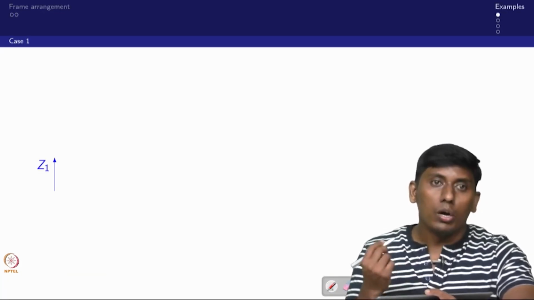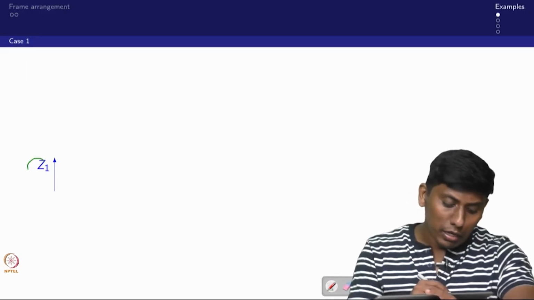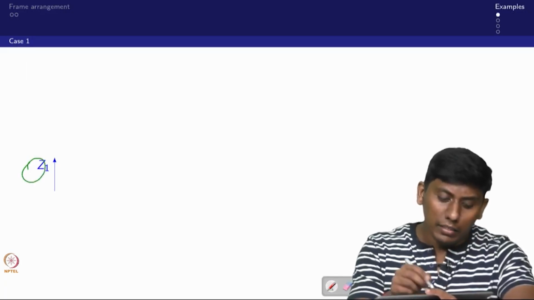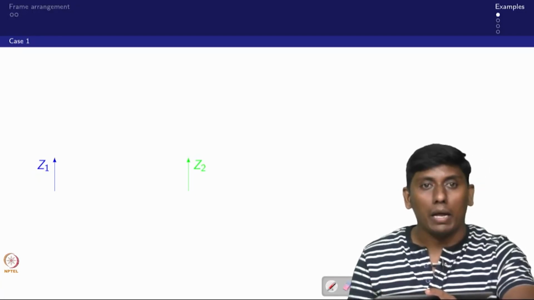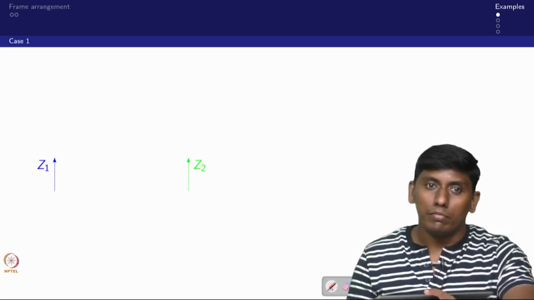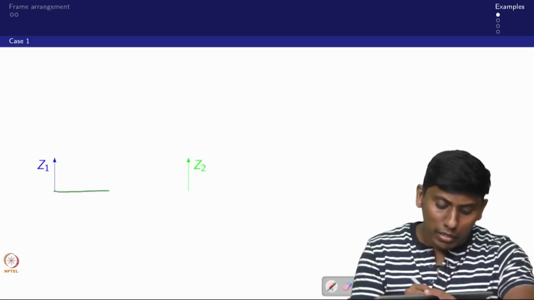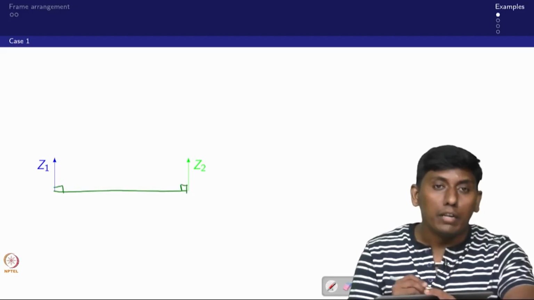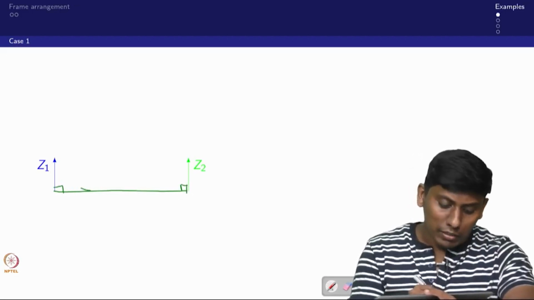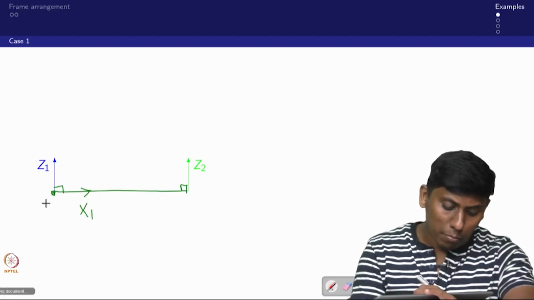I have a case where the z1 axis is given like this and the z2 axis is also given like this. In this case, these two are parallel. Such cases we have seen in the last example. What we have done is we have taken a convenient place and drawn the common normal. Then we can fix the x1 axis, and this is point 1.